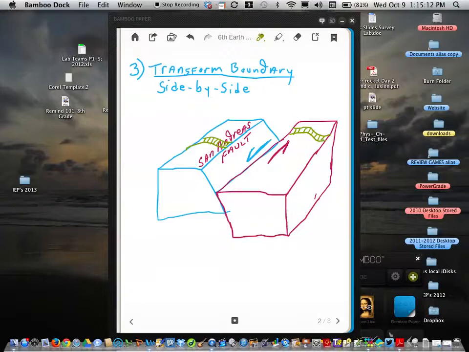And scientists estimate that if this were the San Andreas Fault, for instance, this is the North American plate here. And this is the Pacific plate.